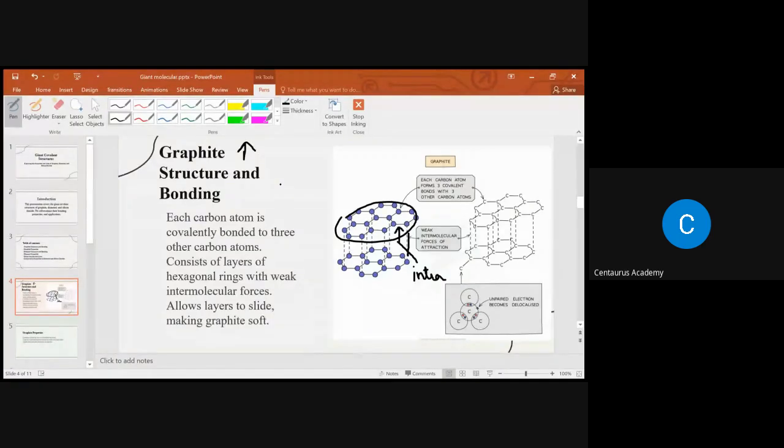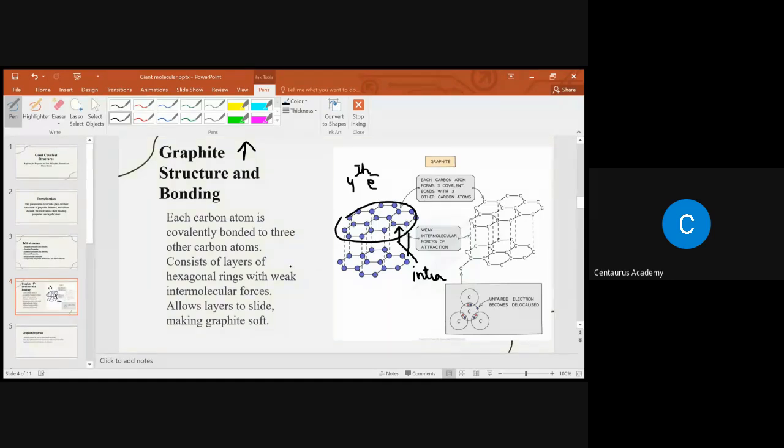Okay, so each carbon atom here is forming three covalent bonds with three other carbon atoms. What does this mean? This means that the fourth electron, which is present in the outermost shell, is free to move. So every carbon atom here has its fourth electron free to move. Hence, it is able to travel throughout the graphite structure, throughout these graphite rings and the layers between the carbon atoms.